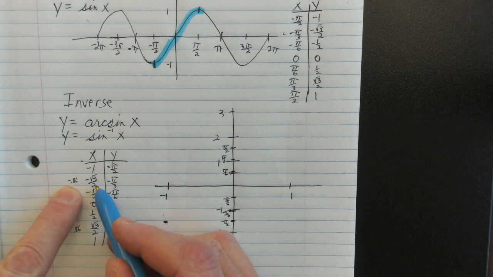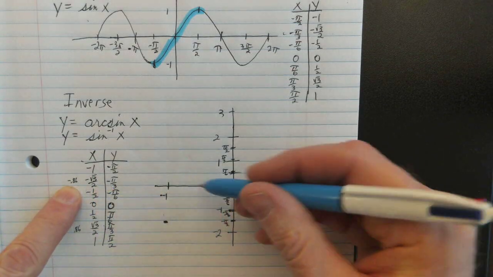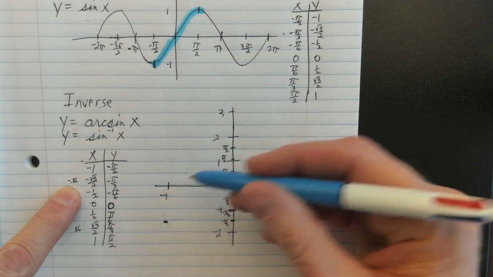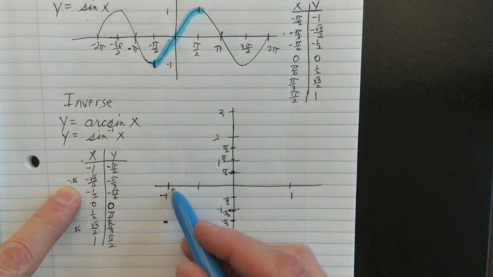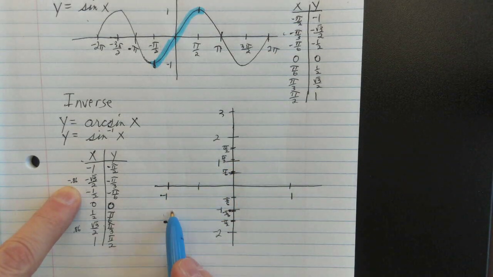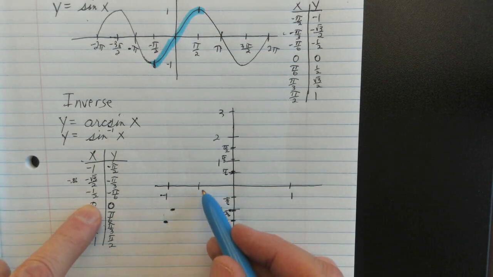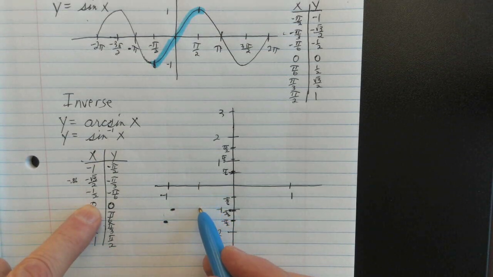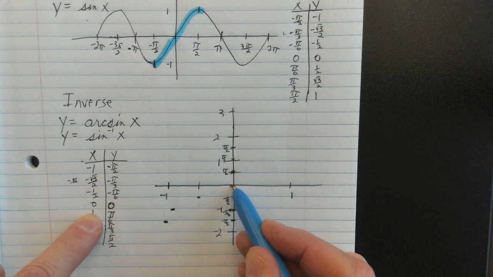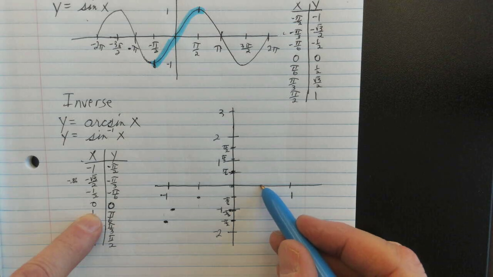All right, so negative pi over 2 is right around here. Negative radical 3 over 2, negative pi over 3. Let's see, if this is half, I'd be closer to here, I think. And I'm at negative pi over 3, which is right around here. Negative 1/2, negative pi over 6, right around here. 0, 0. Right here's half.